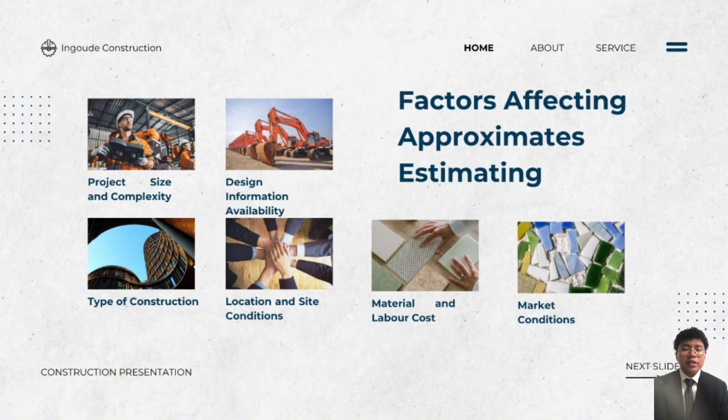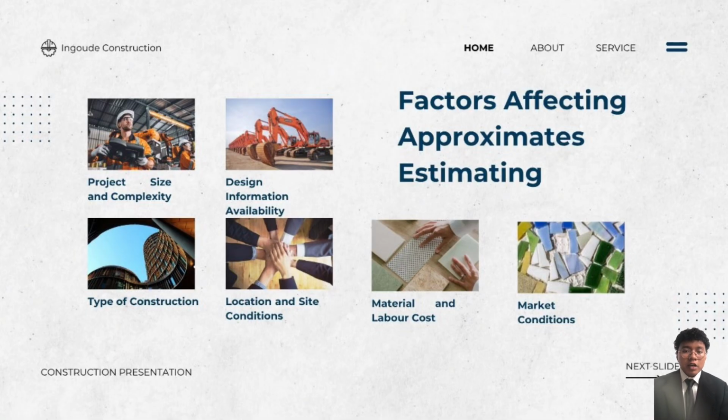Second, design information availability. Estimates are only as good as the information they are based on. If drawings or specifications are incomplete or unclear, estimators have to make assumptions, which increases the risk of inaccuracy. The more detailed the design, the more reliable the estimate.